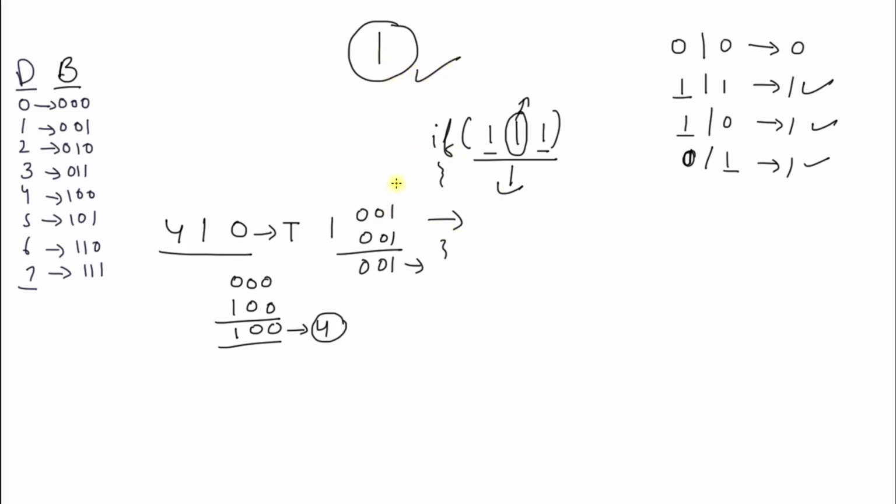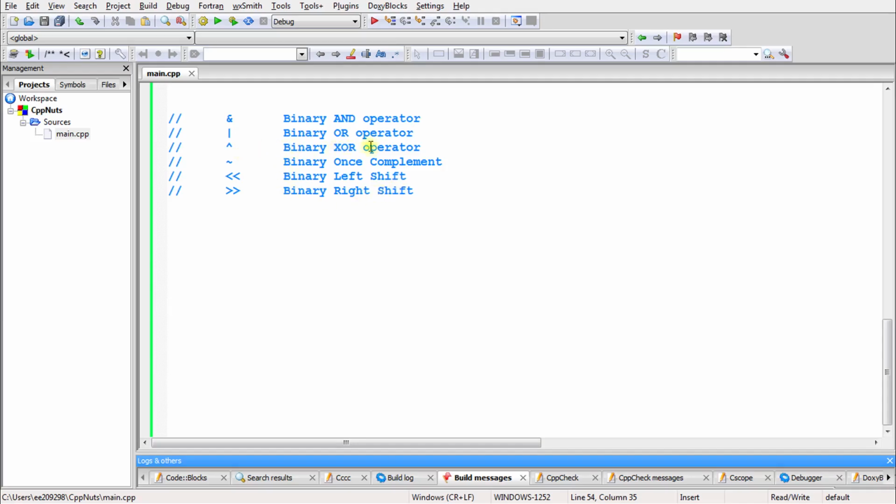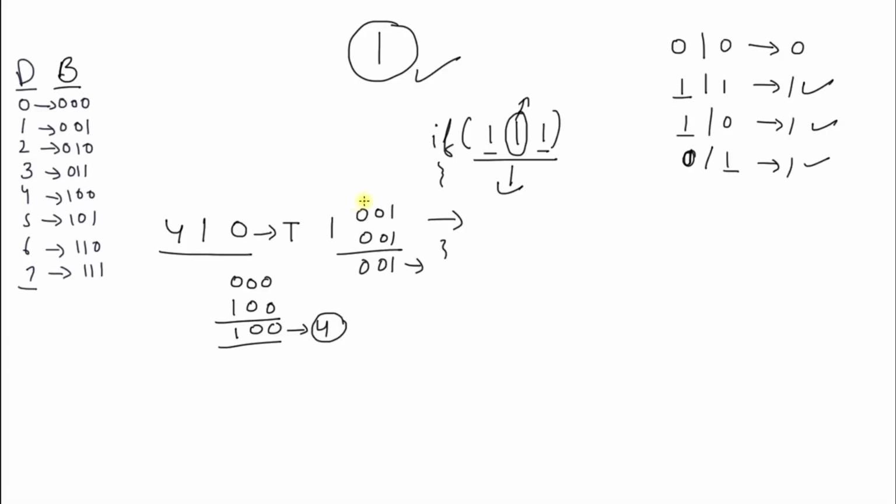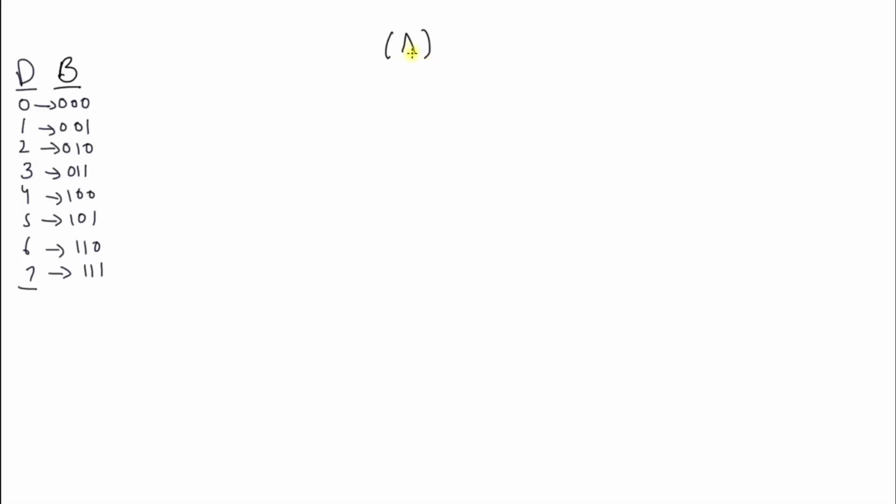So let's look at the next one, which is this binary XOR operator. This XOR operator is a little bit difficult to understand, but let's give it a try here. So this is the sign of your XOR operator here, okay, this particular sign. So we'll write the rule here for 0 XOR with 0, 0 XOR with 1, 1 XOR with 0 and 1 XOR with 1.